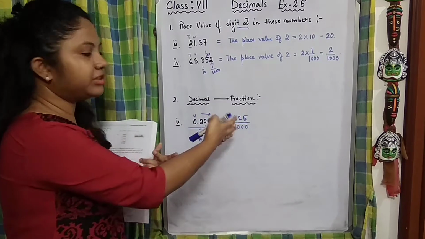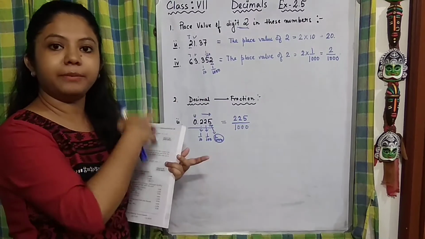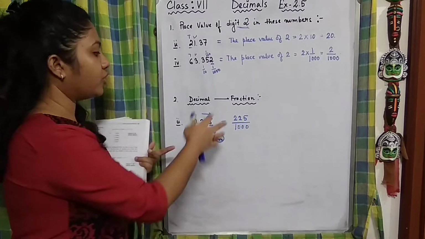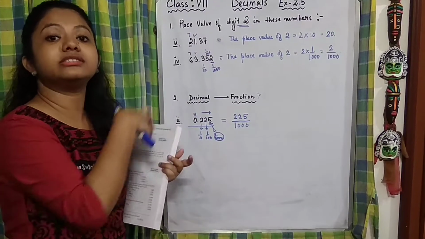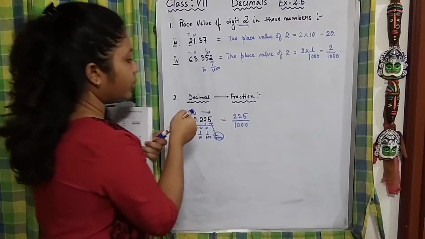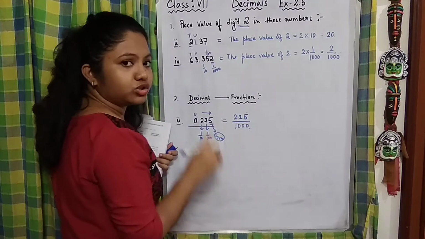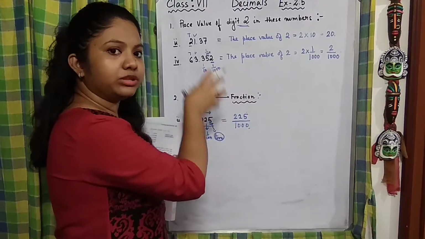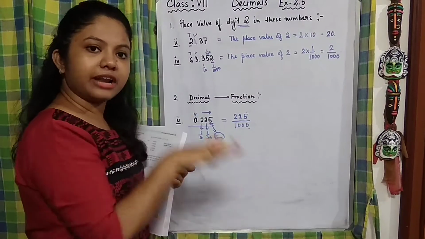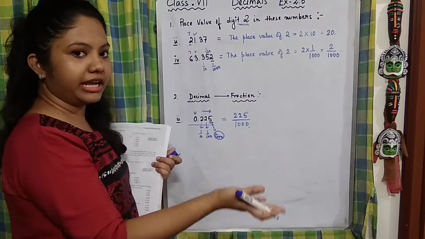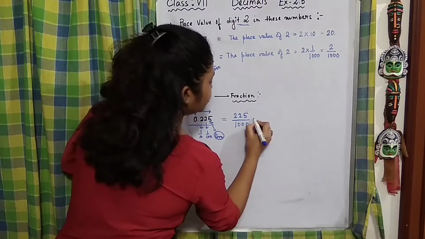Now we cannot keep this number because both of these are larger numbers. So we have to reduce them to their simplest form. Now look at this number. There is a 5 at the ending and 0 at the ending. So we can understand from there that both the numerator and denominator can be divided by 5. So let's do that.